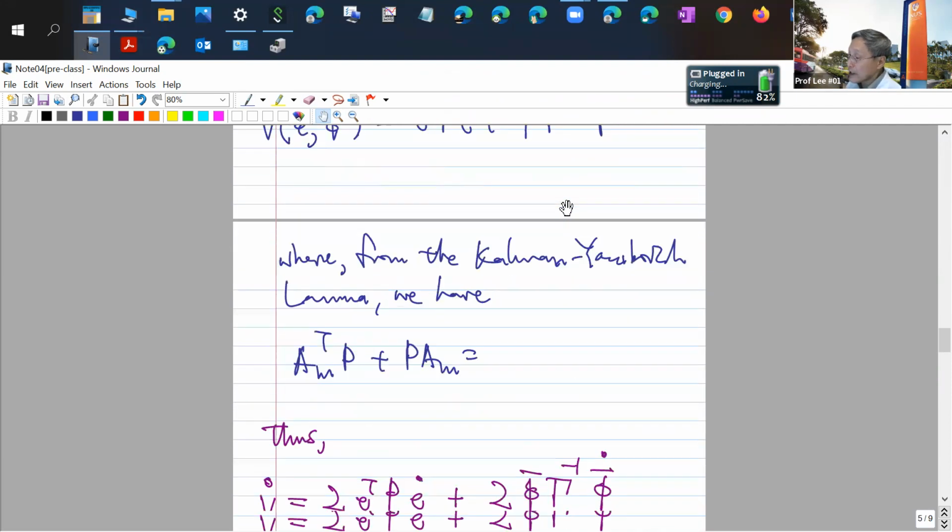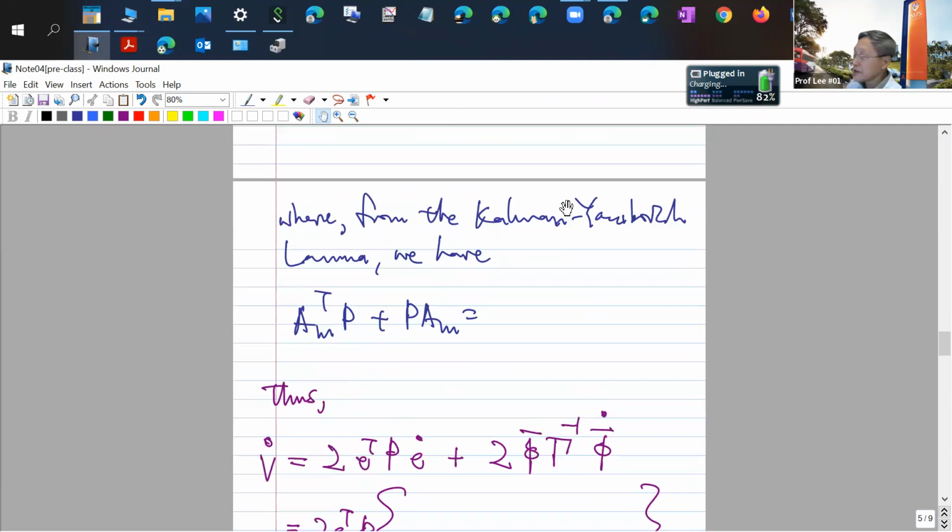Then I go back to my Kalman-Yakubovich lemma. What did it say? With no direct feedthrough, I have AM triple bar transpose P. P exists, such that AM transpose P plus P AM triple bar equals minus Q transpose, minus epsilon L, which is a symmetric positive definite matrix.